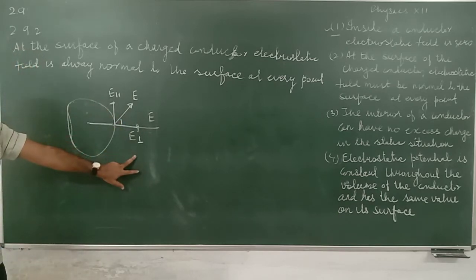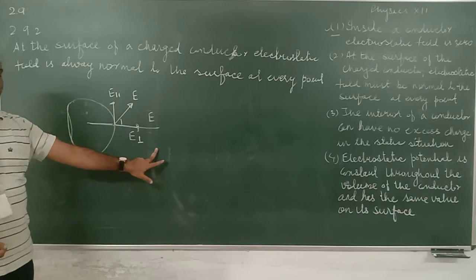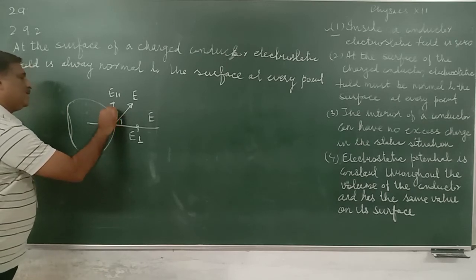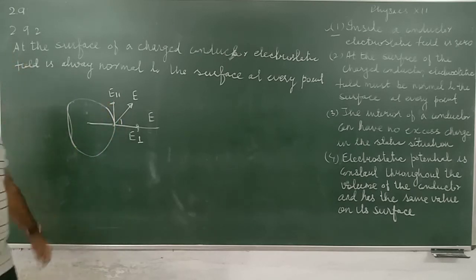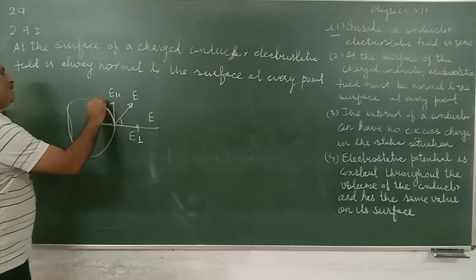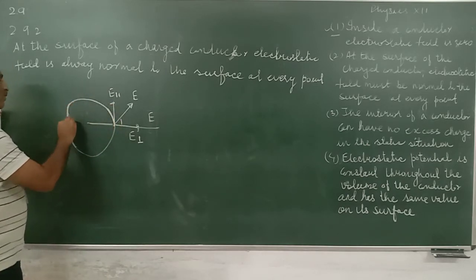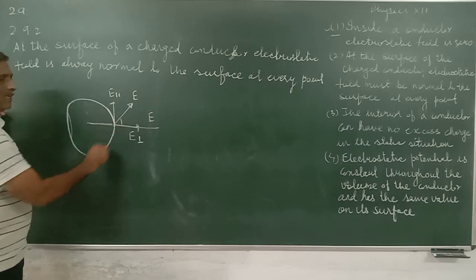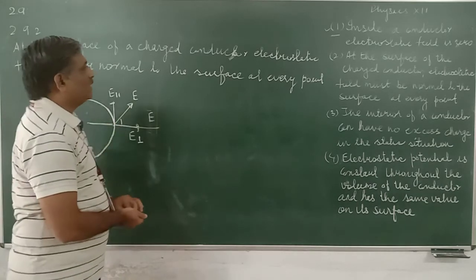One is the radial component, and this one is the tangential component. Now, E is nothing but force per unit charge. So this tangential component will make electrons move on the surface. But all electrons are static, they are stationary.